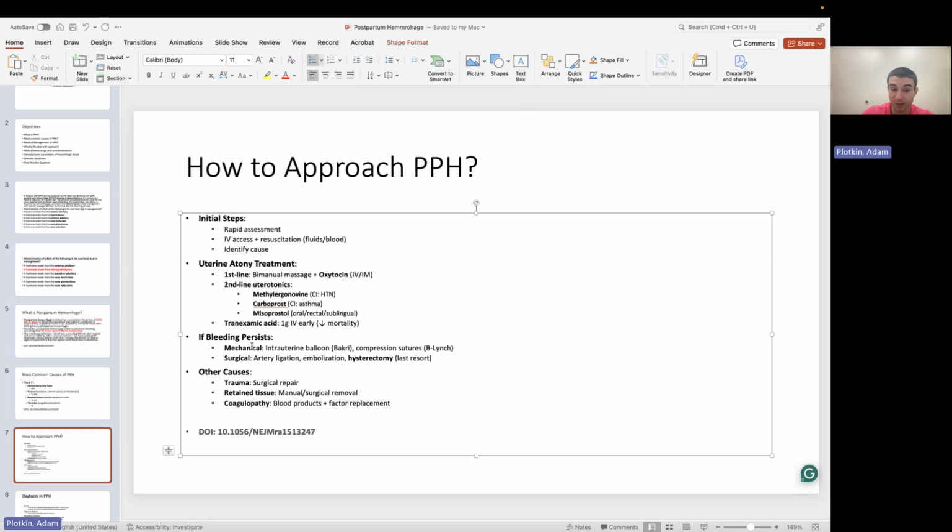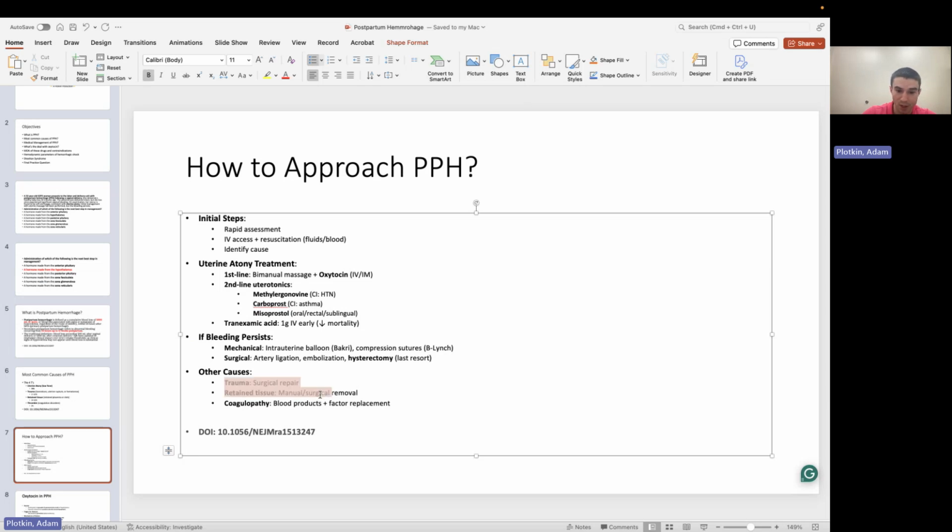So if the bleeding persists, then we try to stop it mechanically. We can do an intrauterine balloon, or we can do compression sutures, called B-Lynch sutures. And if that doesn't work, we can consider surgery. We can do artery ligation, embolization, and actually a full-on hysterectomy, take the uterus out, right? That's our last resort if nothing's working.